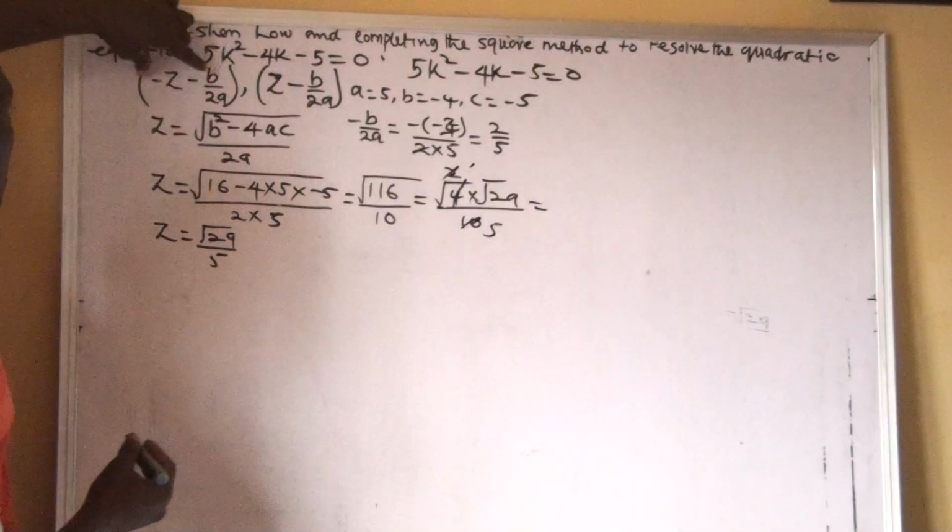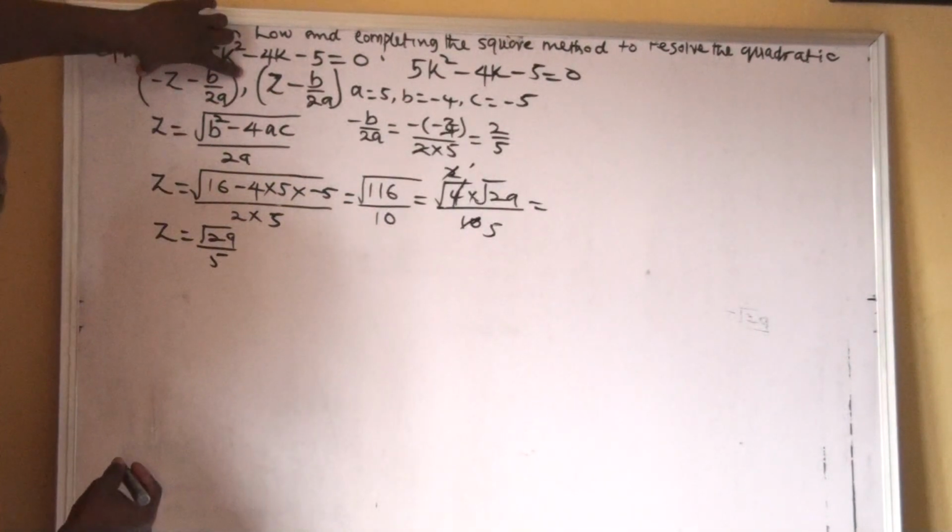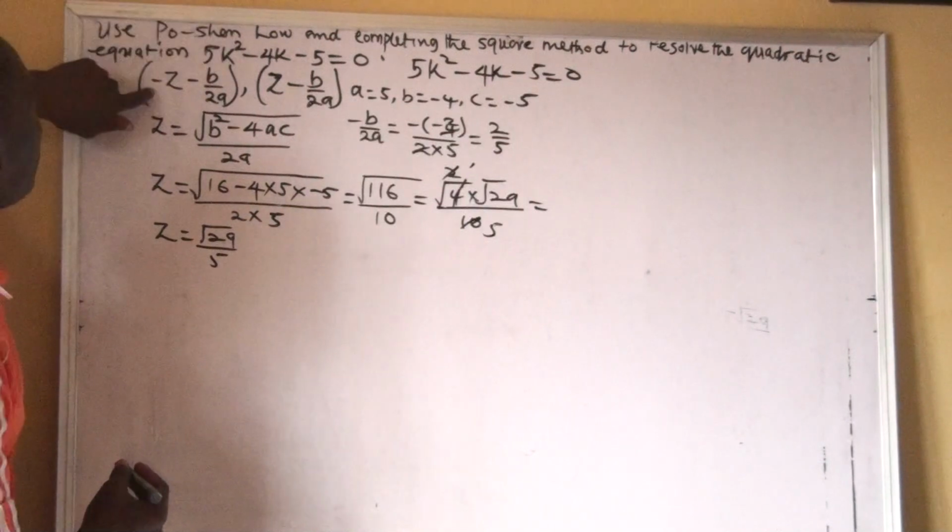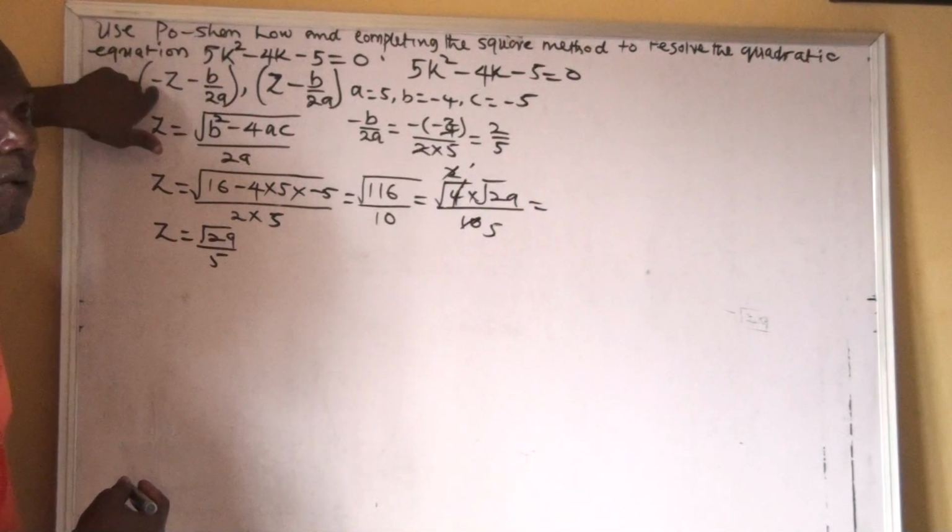For one of the roots, we multiply z by minus 1.